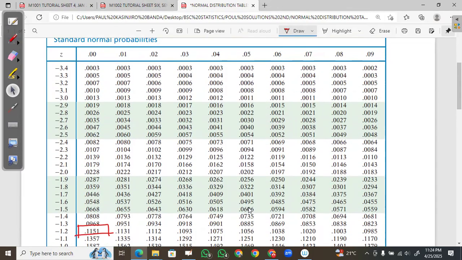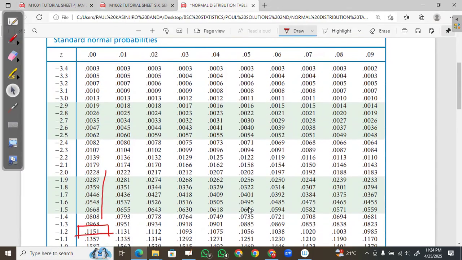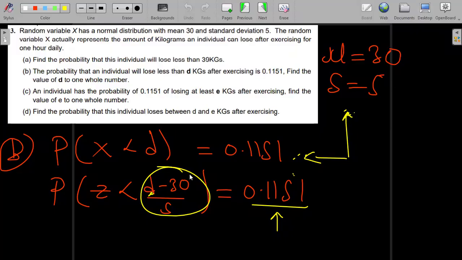Now I need to find the Z score. I go up to get the value in the rows, which is just 0. Then I go left to get the value, which is minus 1.2. So minus 1.2 plus 0 is just minus 1.2. It means D minus 30 over 5 is equal to minus 1.2.